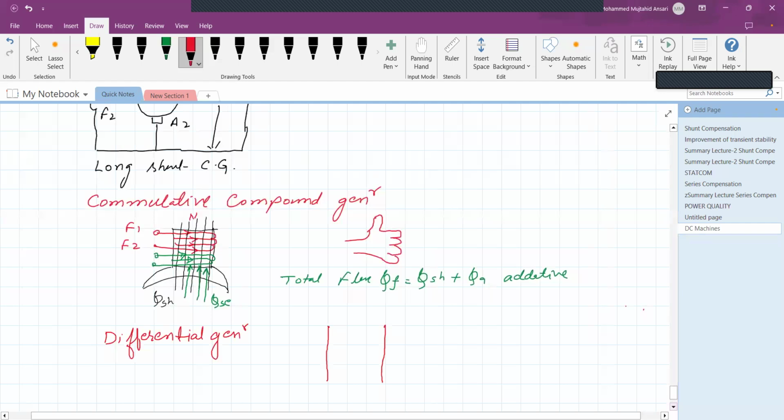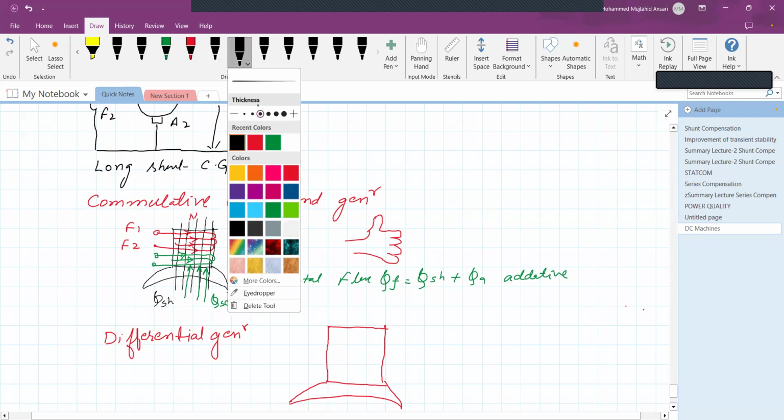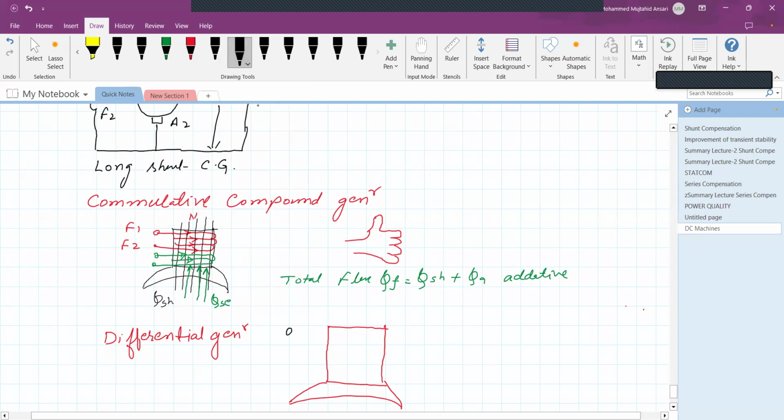The field structure is there, these are the pole shoes, and winding is carried out in the same way. This is, say, S1 and S2. Now the shunt field winding is as we have considered earlier.